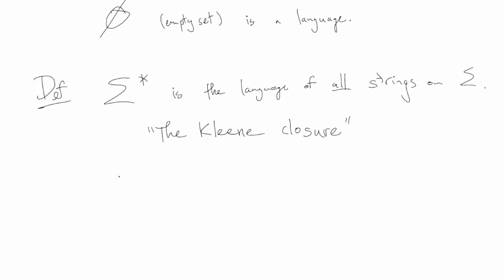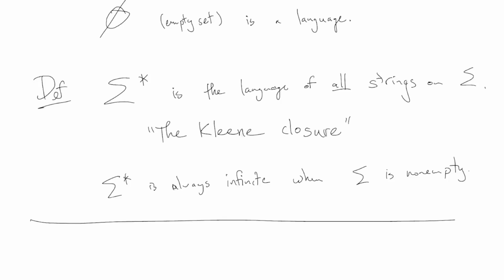So sigma star is always infinite when sigma is non-empty. An empty alphabet is not really something that is ever going to come up. This is very basic terminology. I hope there's nothing fancy here, not yet at least.